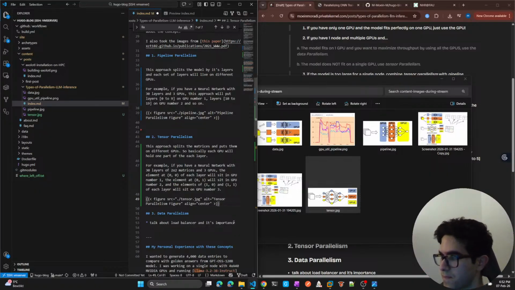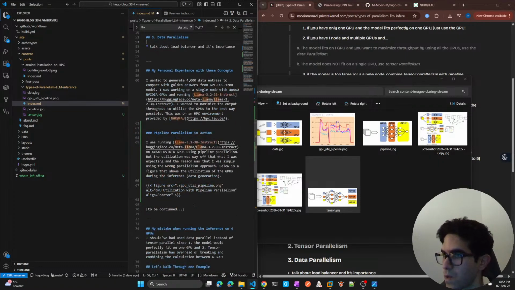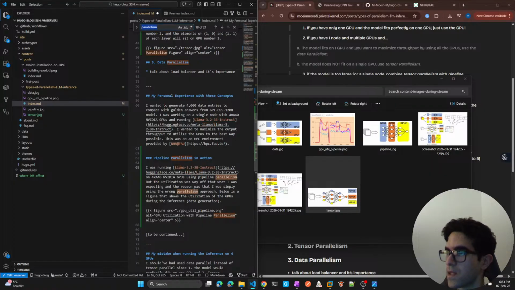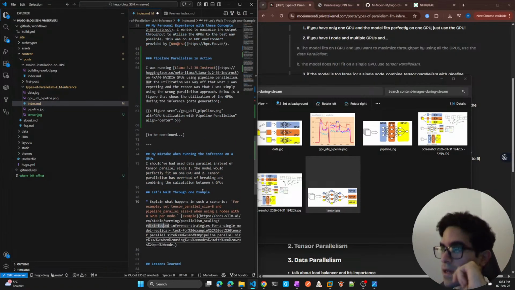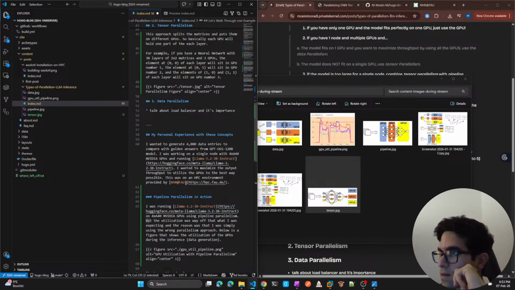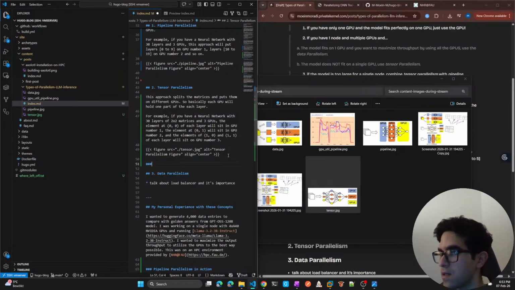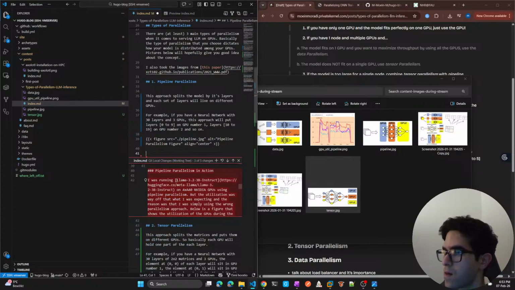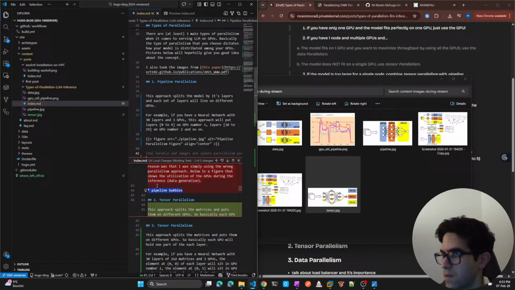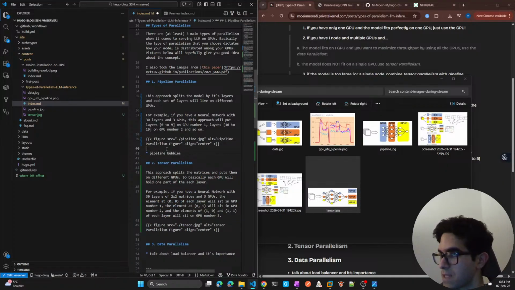Data parallelism. I also wanted to talk about this. One important concept is the pipeline bubbles.